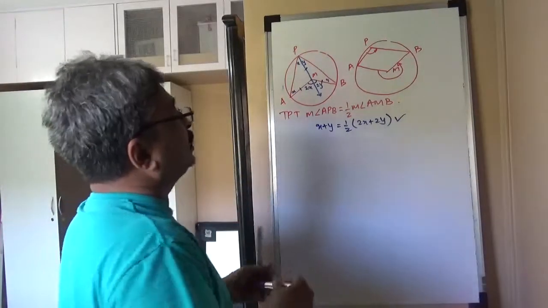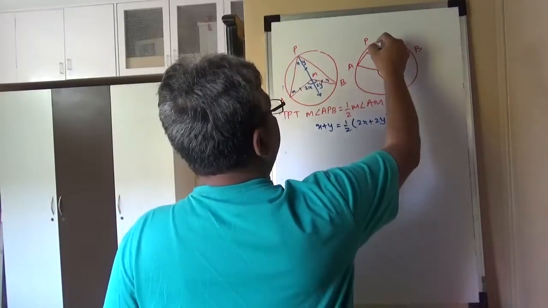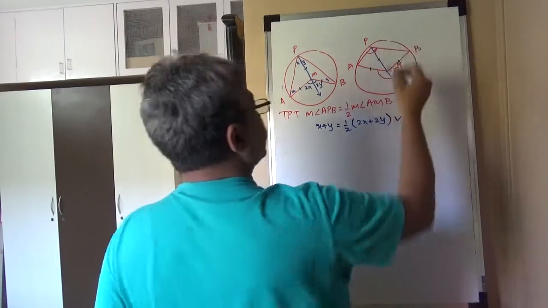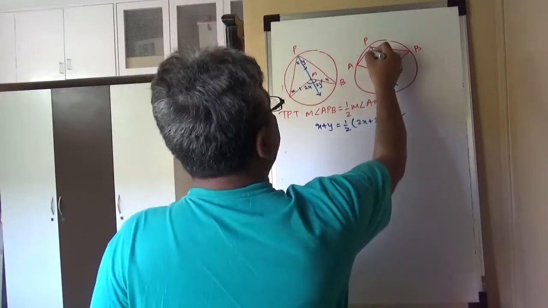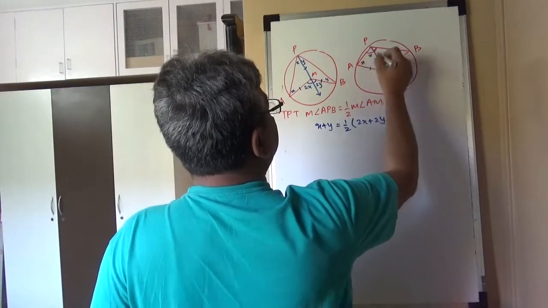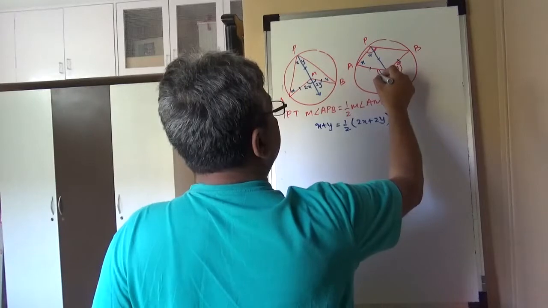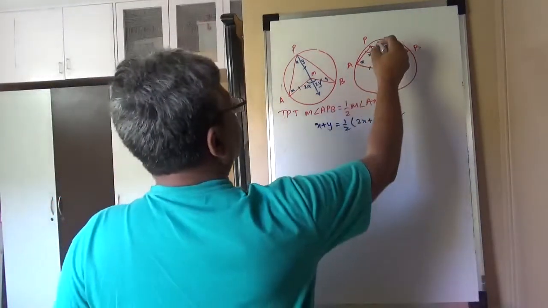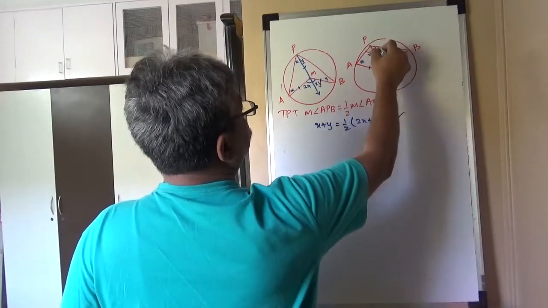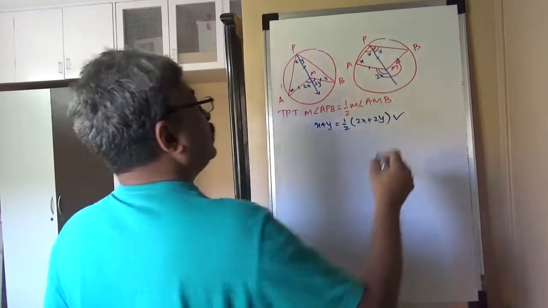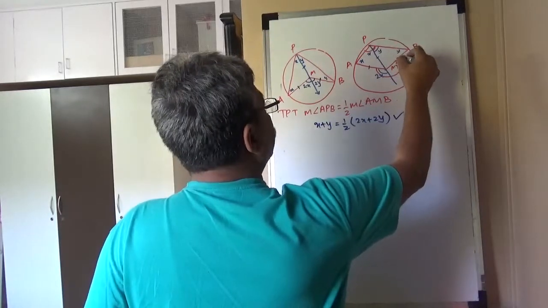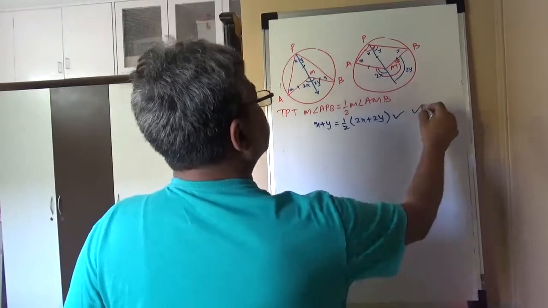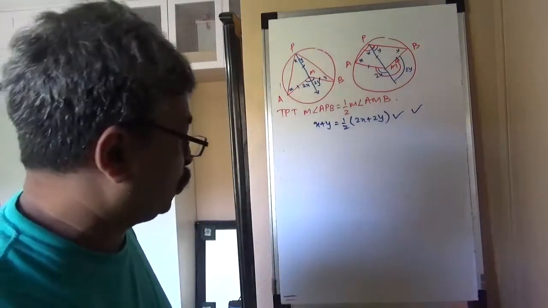As I said, the construction is going to be join PM and extend. Now again it is an isosceles triangle, these sides are equal, so suppose this is x, this is x, this part of the angle will become 2x, right? Suppose this is y, then the remaining part, this also will be y, and hence the remaining part here will become 2y. Again the same result will be true.